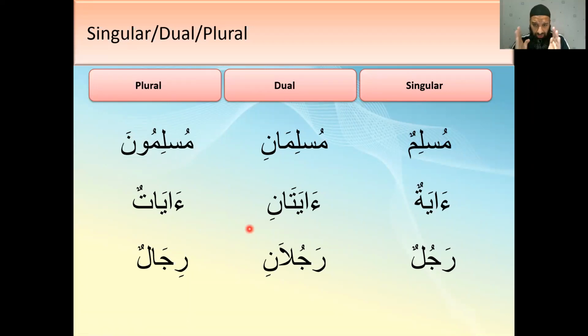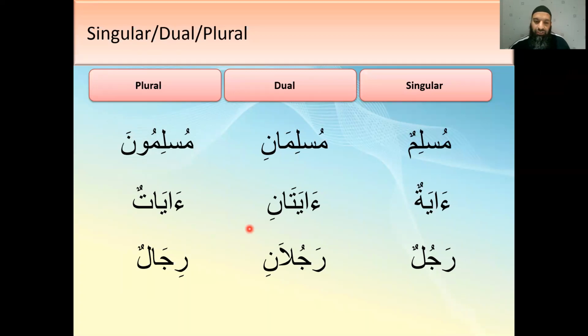Everybody happy? It's just information here. Brother, yes? I can't see the pattern. I'm sorry, there's no pattern yet. We're just showing you. The pattern will come on the next slide, inshallah. Brother, yes? When you said rajulun and then rajulani, why is the plural rijalun?